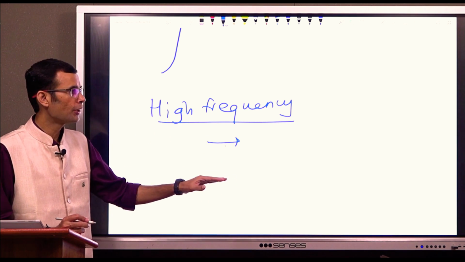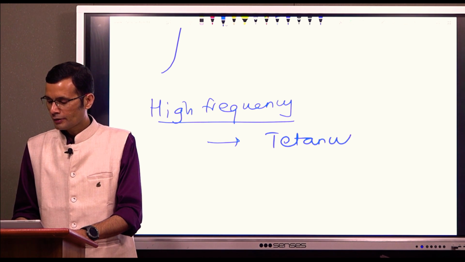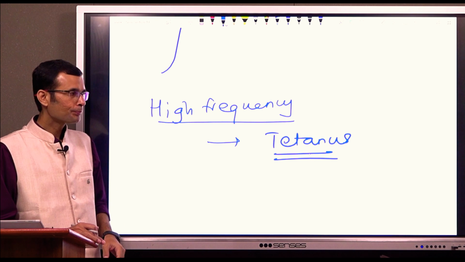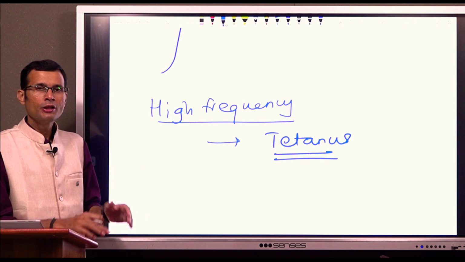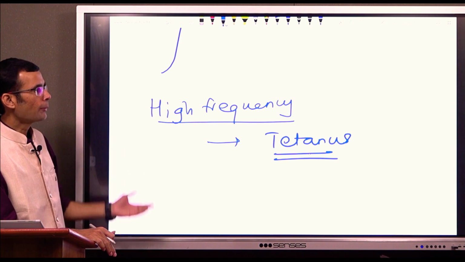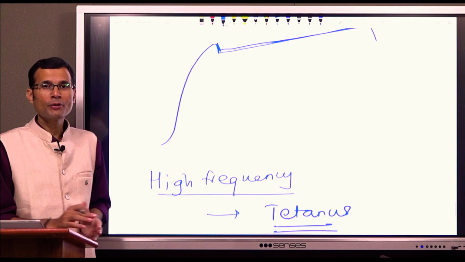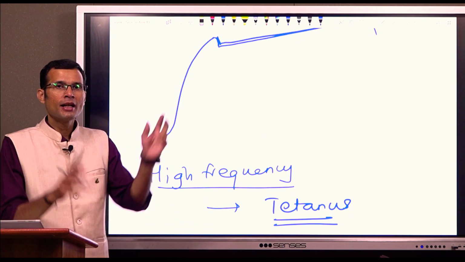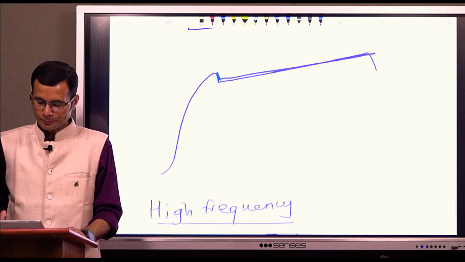This is called tetanus, and the frequency is called tetanizing frequency. So, tetanus is a sustained state of contraction, failure to relax, which happens from high frequency stimulation. Remember, whenever the word tetanus is uttered, what should come to your mind is high frequency stimulation of the muscle.